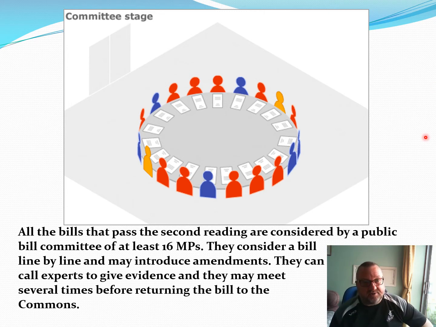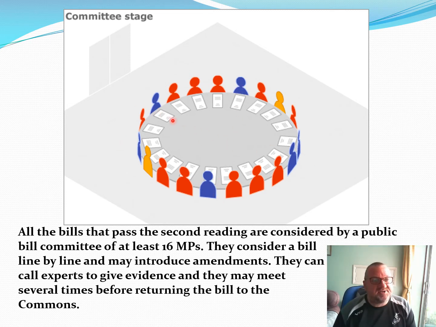Now, in general, you'll notice here this little diagram, we've got blue for Conservative, red for Labour, and yellow for Lib Dem. This diagram was done when Labour were in power. So what you can see is the amount of MPs from each party that sit on the committee is generally in proportion to the amount of MPs that party has elected.